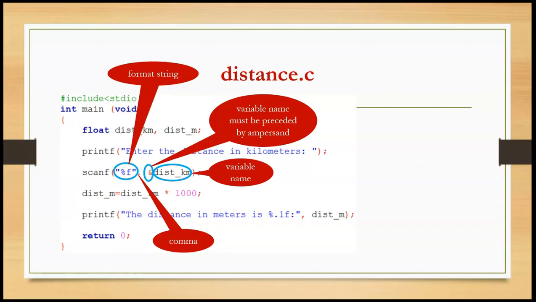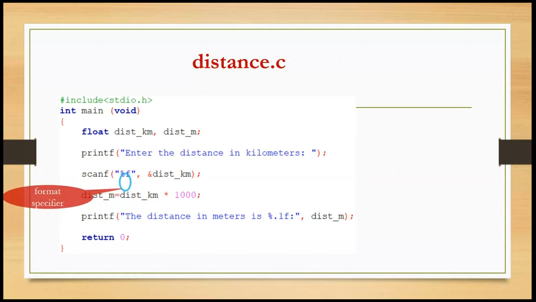The comma is used to separate the two arguments of the scanf function. %f is the format specifier used for floating point values because dist_km is a floating point variable.